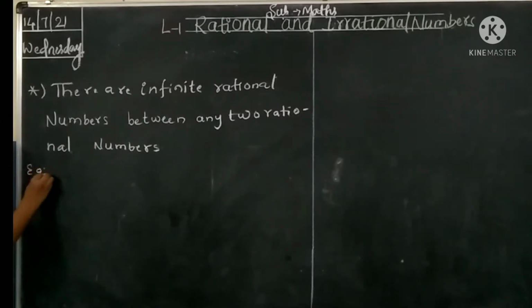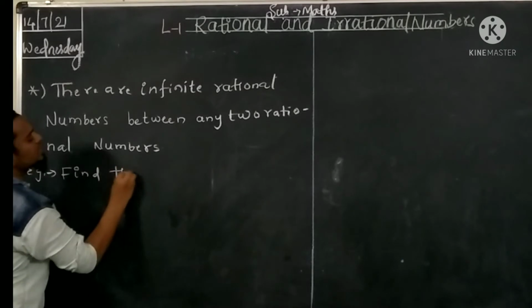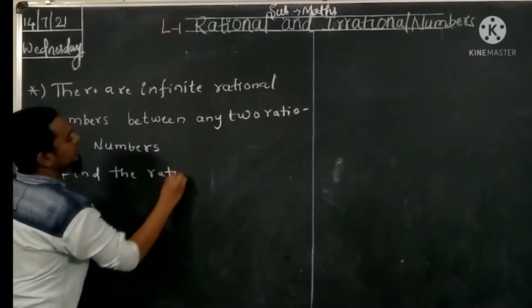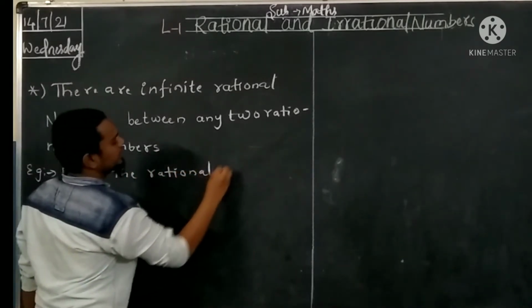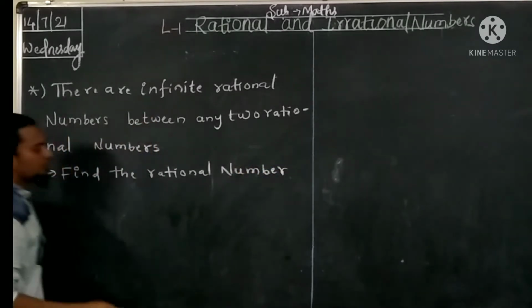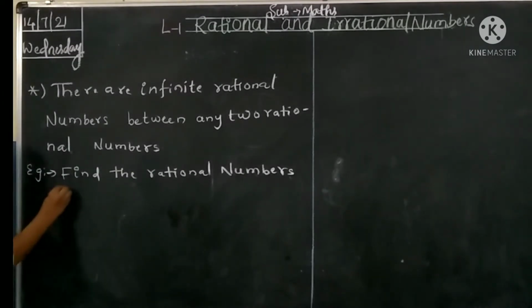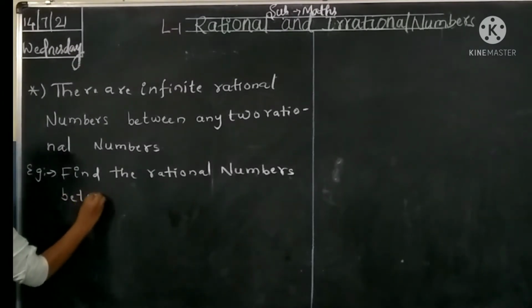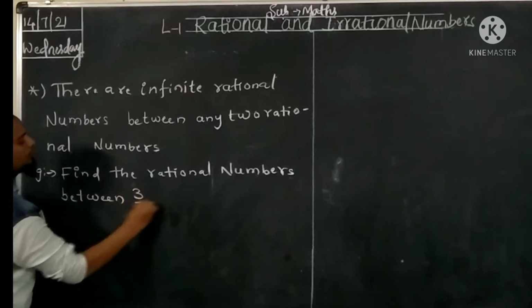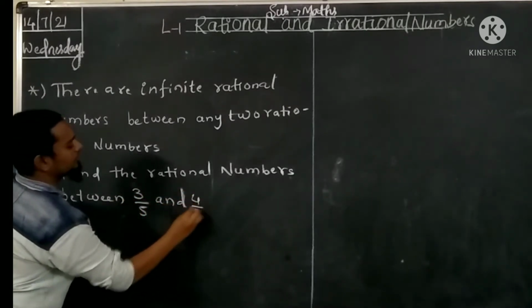Example: find the rational numbers between 3 upon 5 and 4 upon 5.